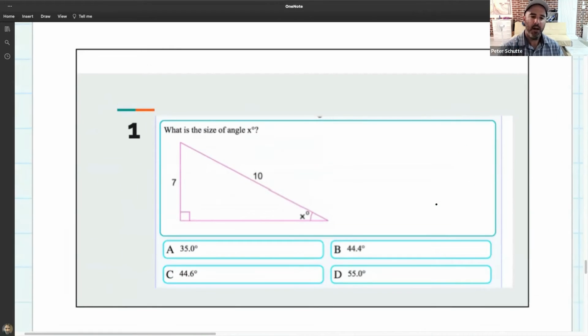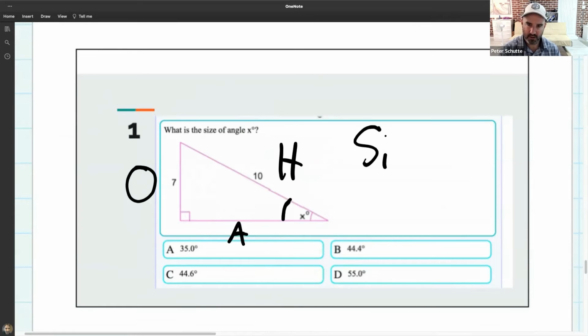So you are given two sides of a right-angled triangle, and you want to know what is the angle that gave you this triangle. So what you do is, again, you name your sides. This is O, that's H, that's A. Now, the only trig ratio that's involved with O and H is sine.